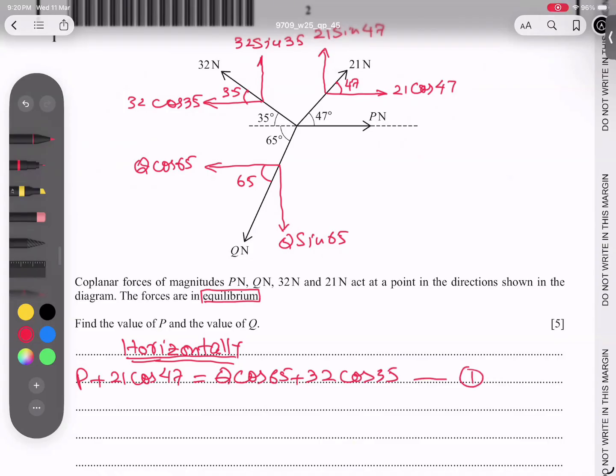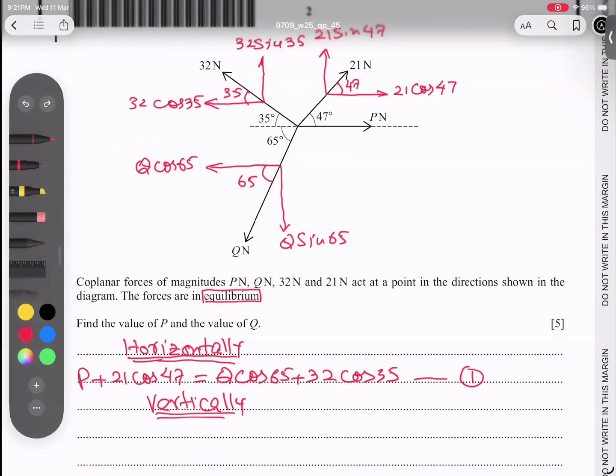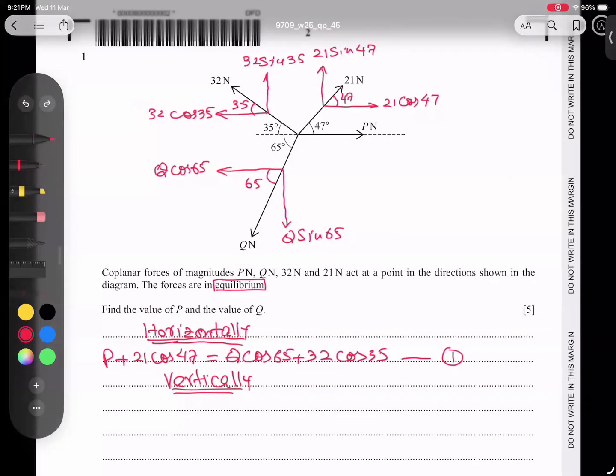Now vertically, two forces act upwards and one force acts downwards. So I can say clearly that Q sin 65 is equal to the sum of the top two forces: 32 sin 35 plus 21 sin 47. This is equation number two.